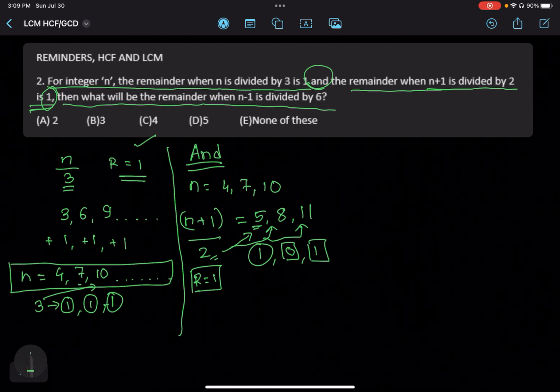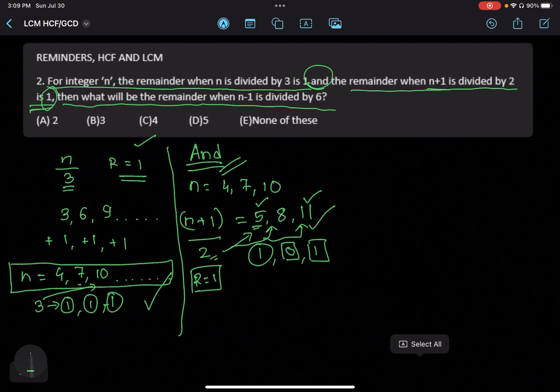So in this case, we can say our numbers 5 and 11 are following both the conditions, because it says "and": it needs to follow the first condition, which was this, and the second condition, which was this. As number 8 is not following condition 2, I should reject that number.